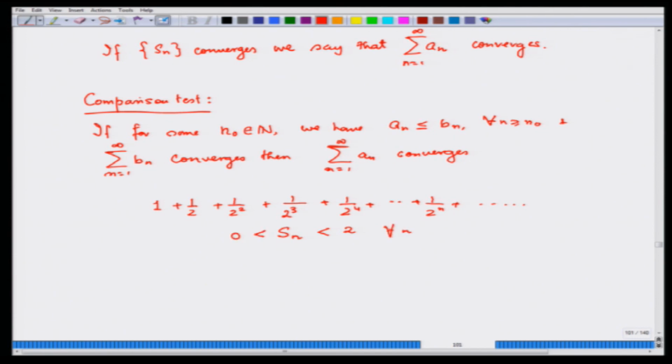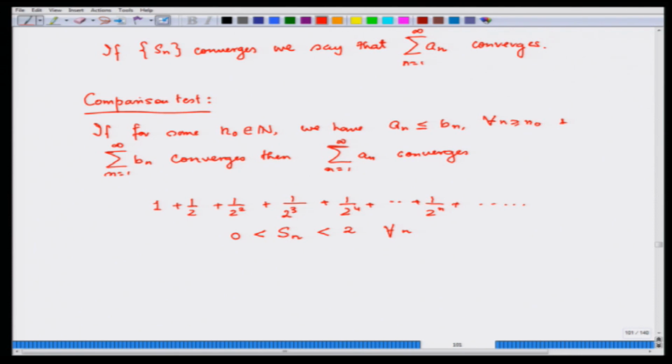So, here S_n is always less than 2. You see immediately, in this very simple case, the sequence S_n is bounded above, and so you can immediately say it converges. Of course, I leave it to you to decide, but this one can be used as a sequence b_n to show something else is convergent.